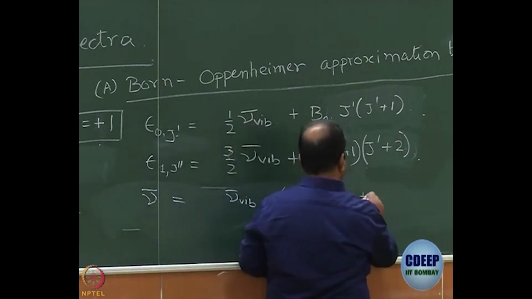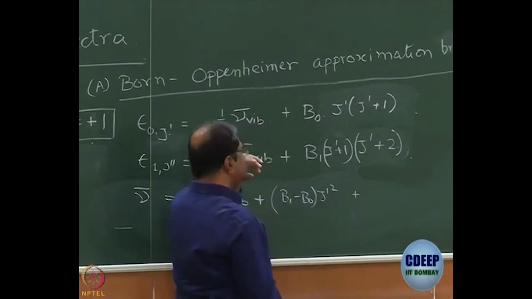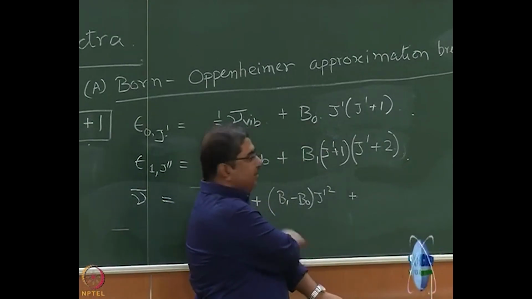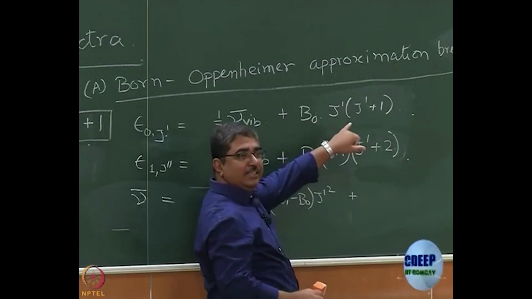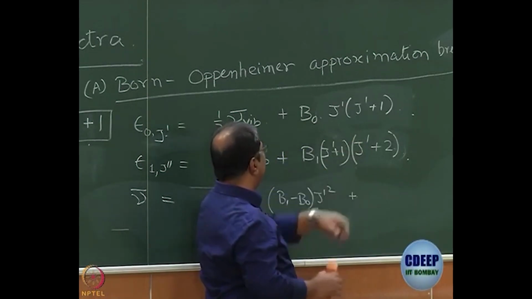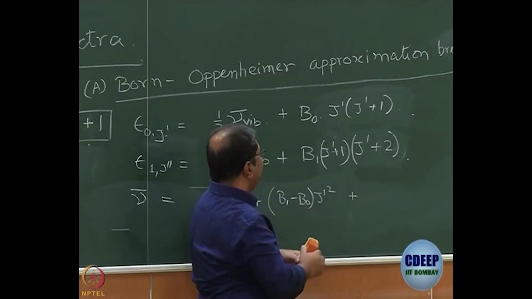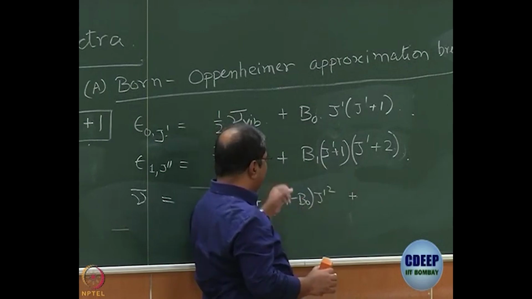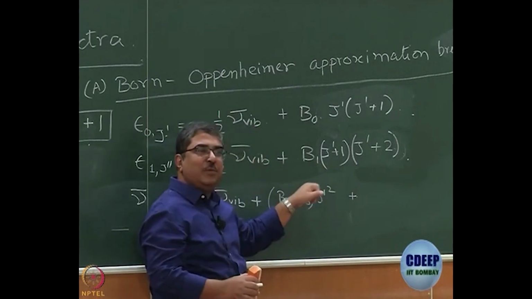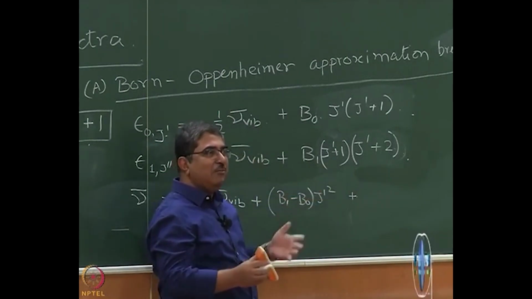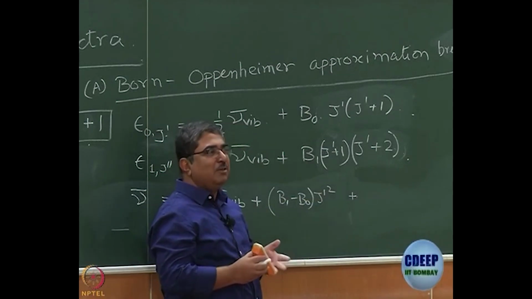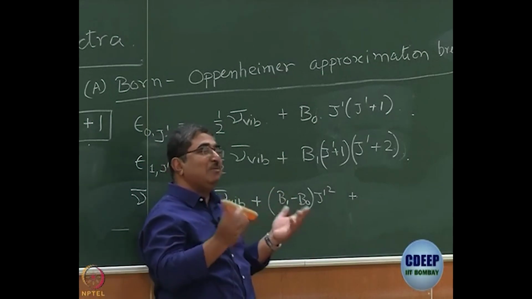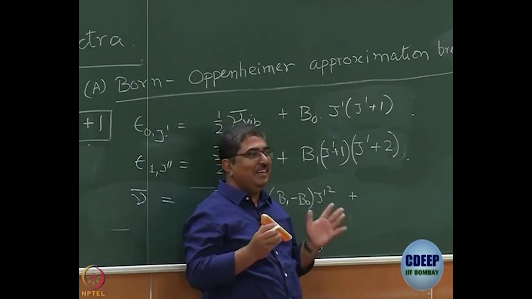Right. Now, if I look at the terms in j dash, what do you have from here? You have B0 into j dash, right? From here, what do you have? 3B1 into j dash, okay. So, now since I have j dash square, x square, whenever we have x square, the first formula that comes to our mind is x square plus 2xy plus y square, right?